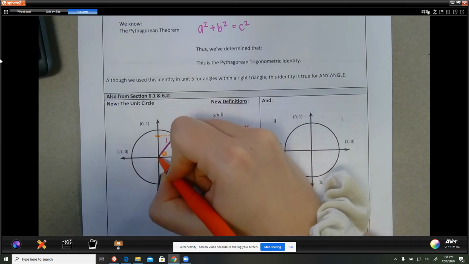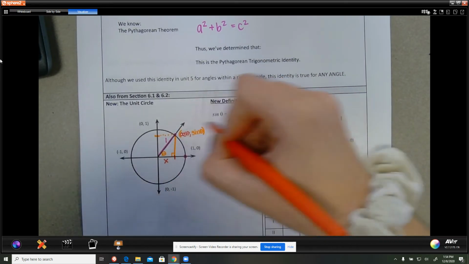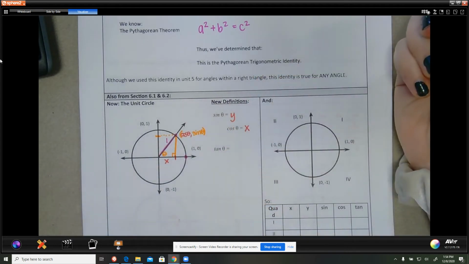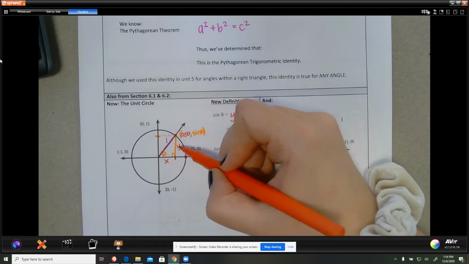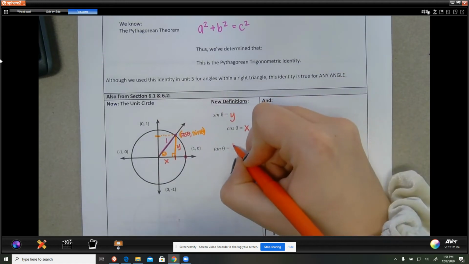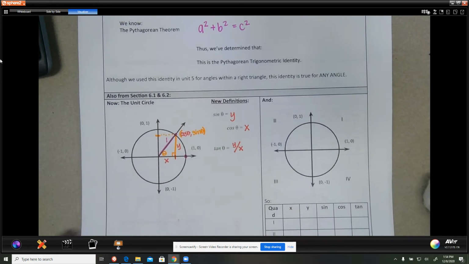Sine of theta is that height, the y value. Then if I wanted tangent, I would want the opposite over adjacent side, which is y over x.